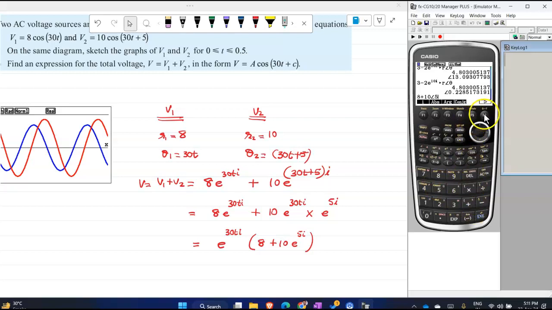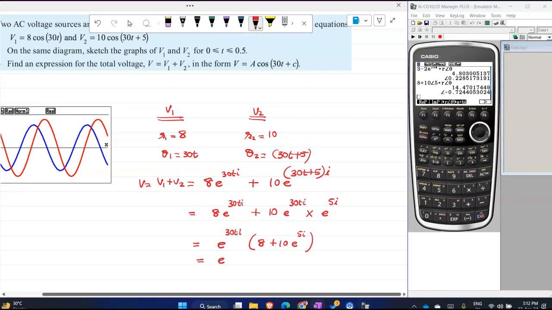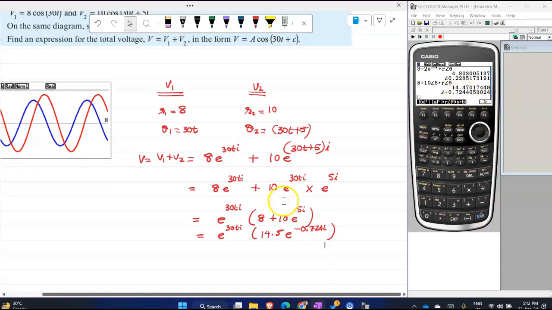You have to write this in polar form. So how much is that? e raised to 30ti, and this is your 14.5 e raised to minus 0.724i. So this is your r and this is your theta.